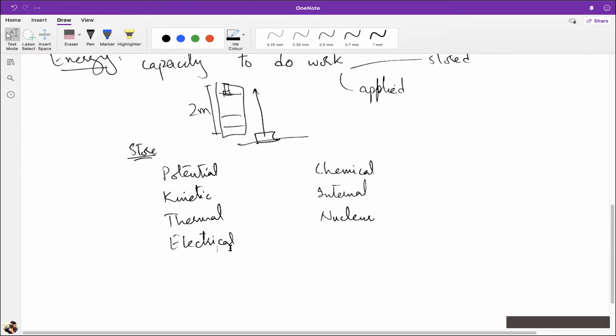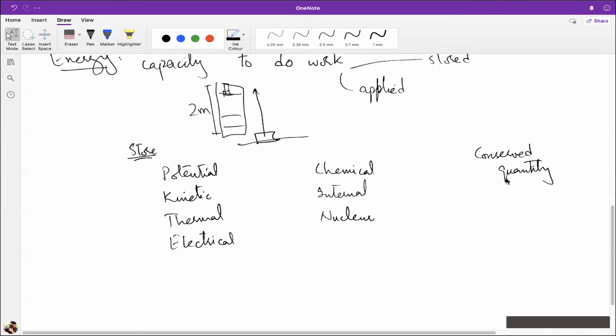But interestingly, all of these can neither be created nor destroyed. I know that's a cliche. Energy is something that is conserved. So energy is a conserved quantity, which means you cannot create it, you cannot destroy it. The energy that is there in the world has been there since the beginning of time, and there is no way we can so far increase or decrease it.